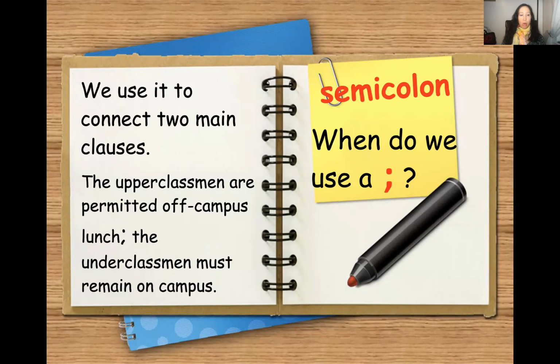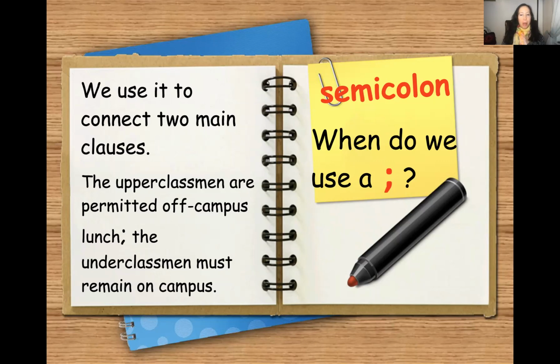So for the semicolon, think of the 2 main clauses as 2 complete sentences. If you can make 2 complete sentences, but they're still part of the flow of what you want to say, you can put a semicolon, okay? It's up to you. Use a semicolon, or you can end lunch with a period, okay?